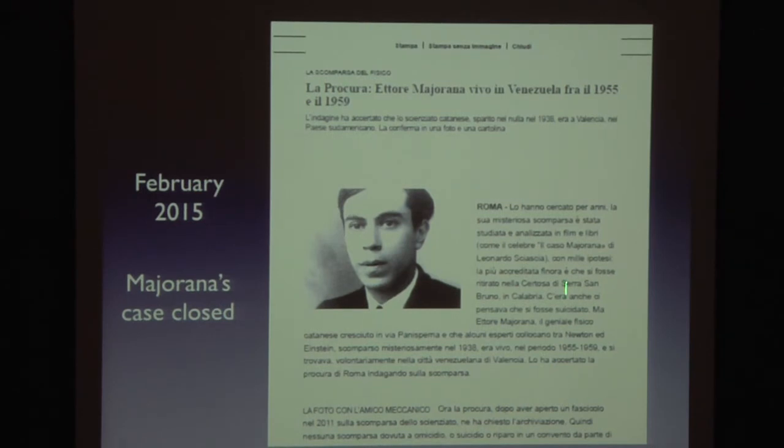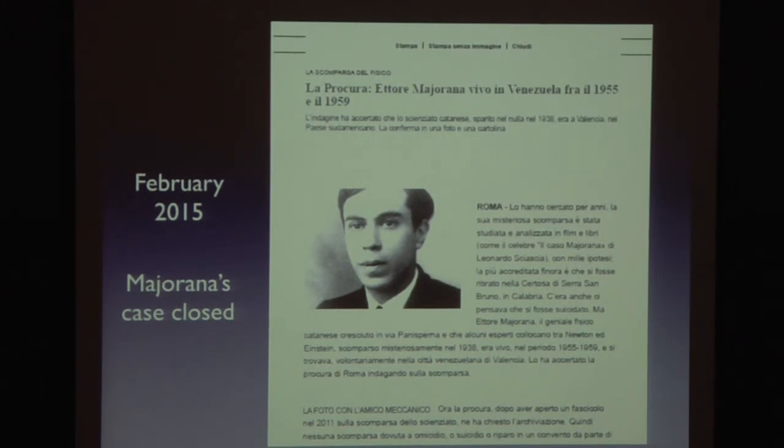Bad. So if you put this into Google Translate, it will tell you that the case was closed because there was new evidence of a picture that was found from a relative of Majorana. And apparently he has a lot of relatives still who got postcards from him. And apparently there was a postcard from 1958, roughly, from Venezuela.